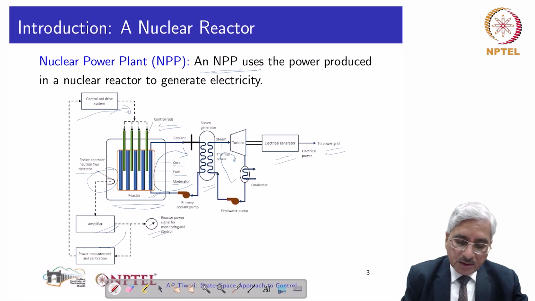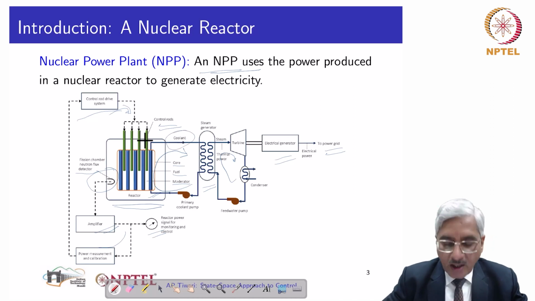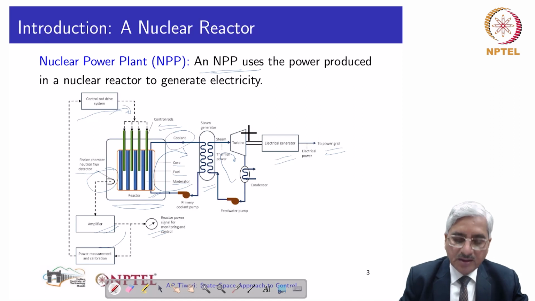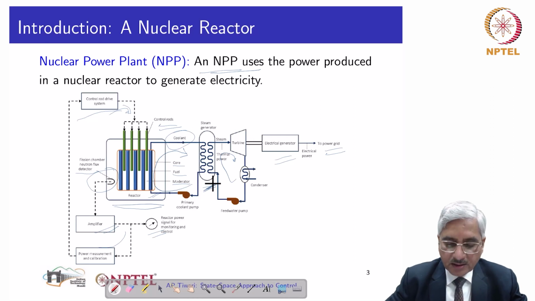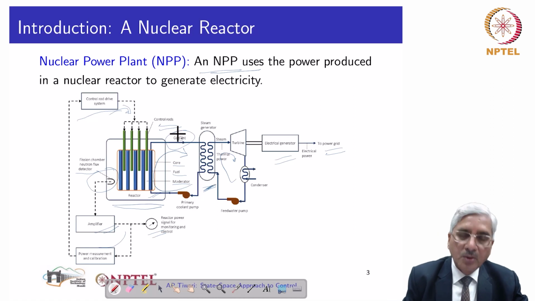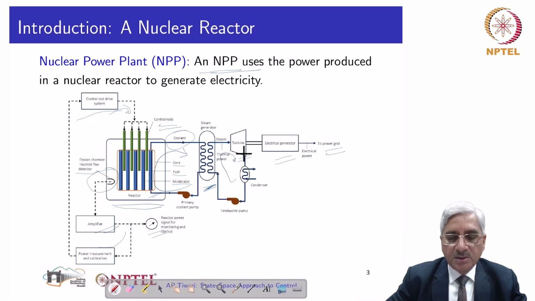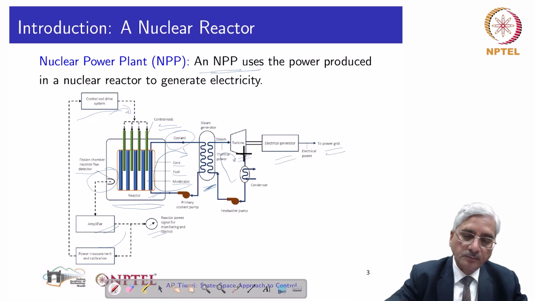Now sometimes the coolant directly comes into a boiling state and can drive the turbine. So this intermediate heat exchanger, the steam generator, is there in some designs. It is not there in some other types of nuclear reactors. But the idea is to heat the coolant in the core and then to drive the turbine to produce electricity.